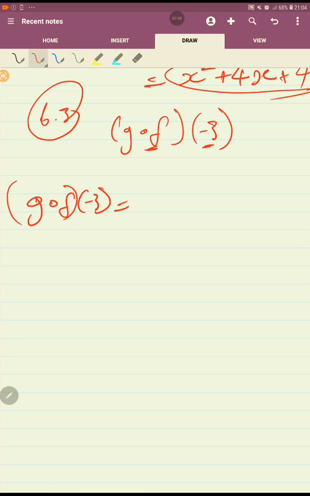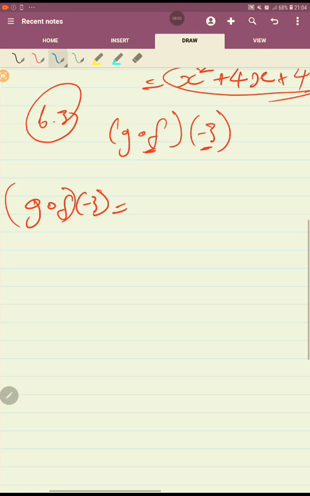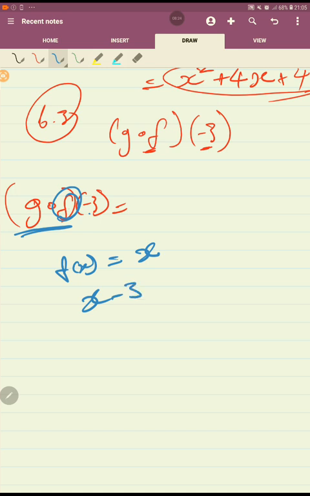On this one, remember that I told you the value, if they give it to you in this way, means you take whatever you see there as x. Because we have negative 3, we say x is equal to negative 3.